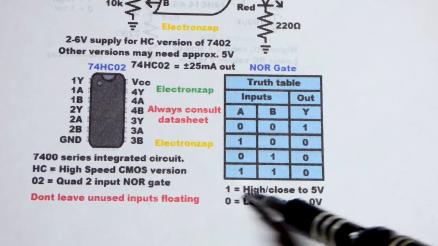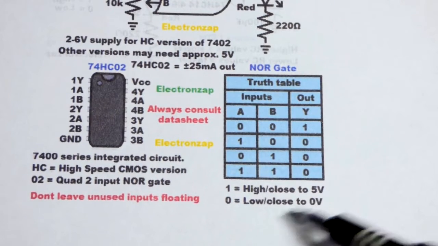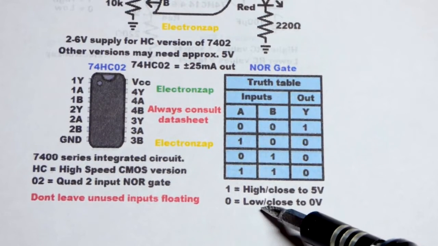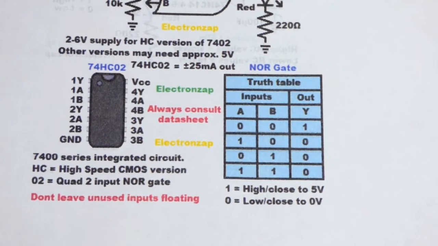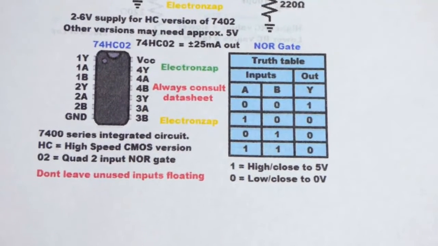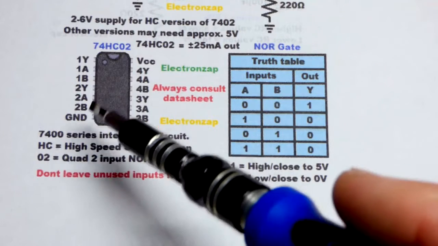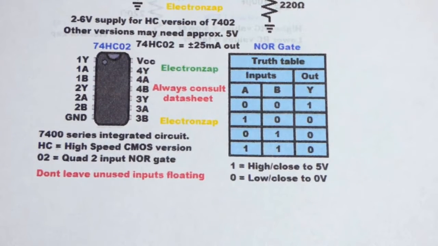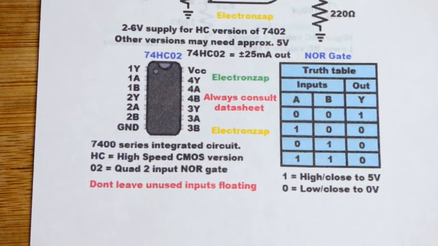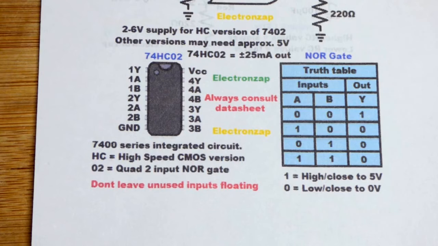And again, high or 1 means close to 5 volts, 0 or low means close to 0 volts, depending on the particular integrated circuit you are using. But in any case, we've got two states, so they don't have to be defined terribly well. It's pretty clear when it's high or low for the most part, close to 5 volts or close to 0 volts.